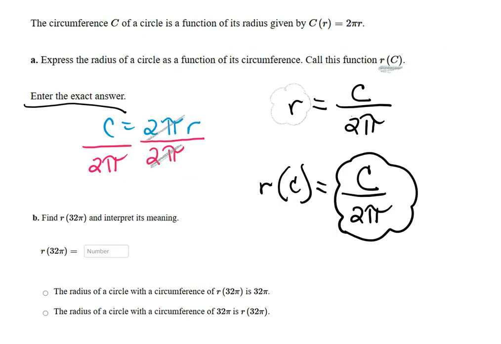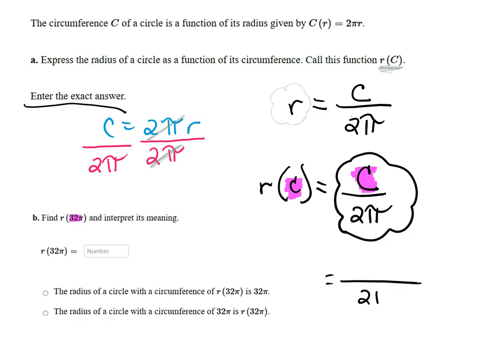And then part B says find r of 32 pi. So we are going to take out the c right here and put in a 32 pi in its place. It says calculate r of 32 pi. So wherever the c is, put in a 32 pi.